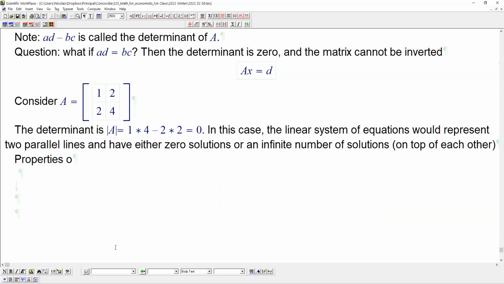All right, so properties of inverses. One: only square matrices have inverses.